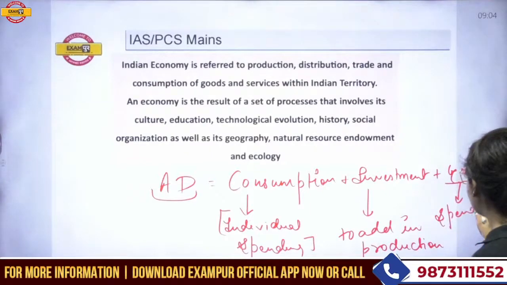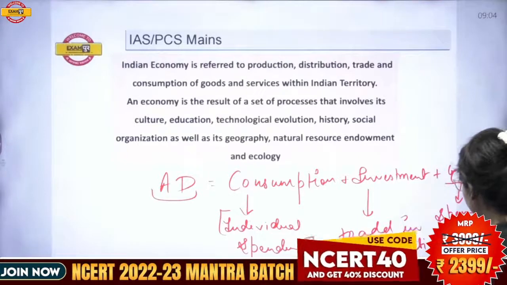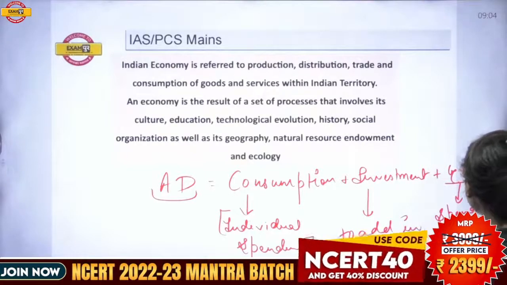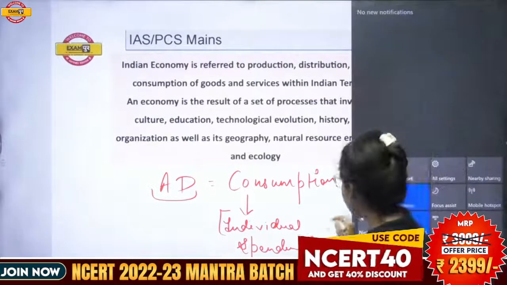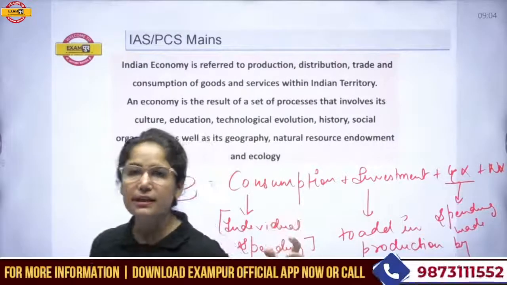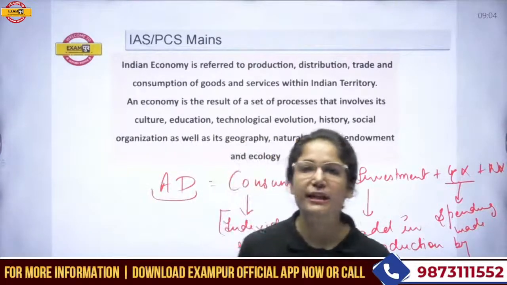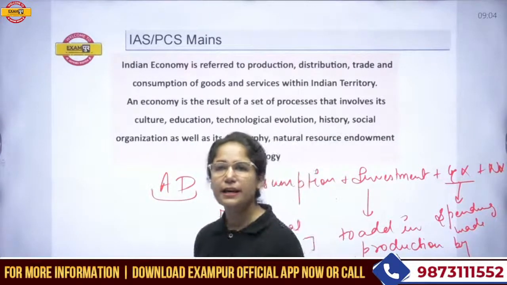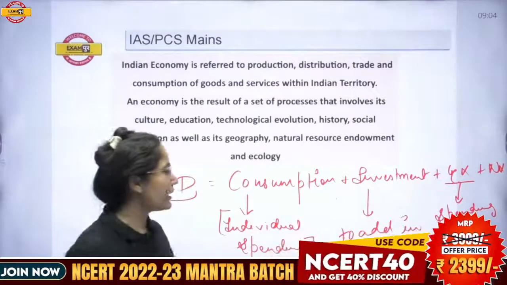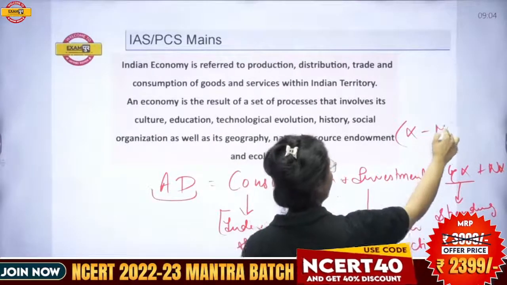Spending made by the government, plus net exports. What do we mean by net exports? What we are exporting and what we are demanding from other countries, that is known as import. Net export is the difference between export minus import.